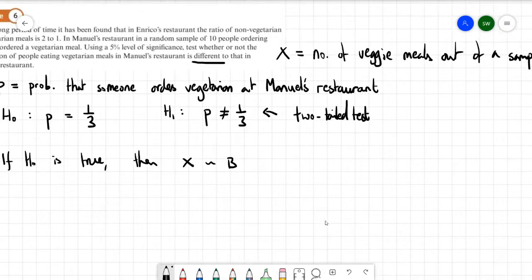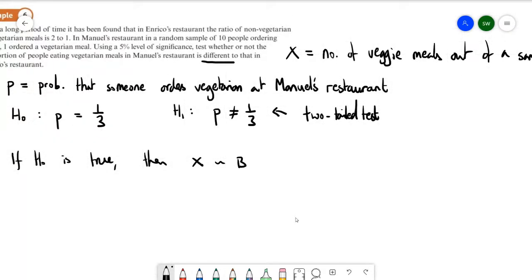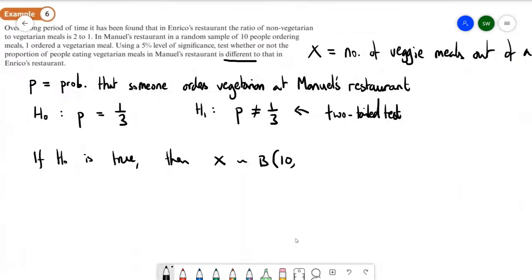So if H0 is true, then x would be binomially distributed with 10 trials because we're asking 10 people what meal they order. And if H0 is true, the probability of ordering a vegetarian meal would be a third.